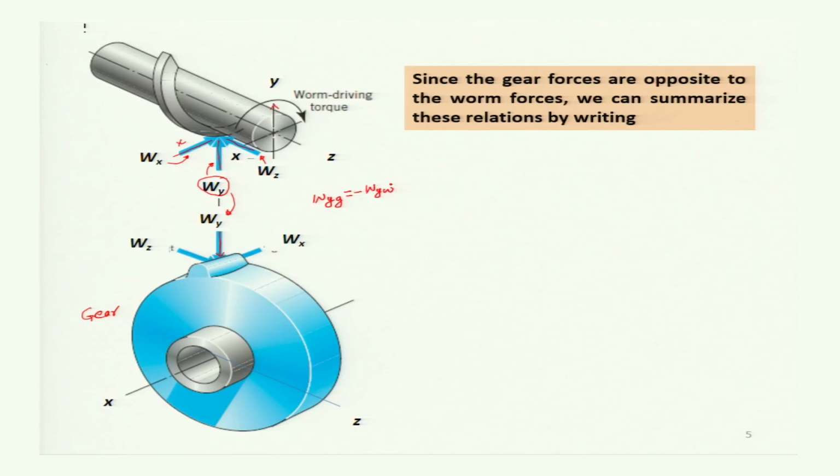Now, let us see the force acting in the direction of x. The force acting in the direction of x on the worm is opposite to the positive axis. This is the positive x direction which is taken, and this Wx is acting in the negative x direction on the worm.